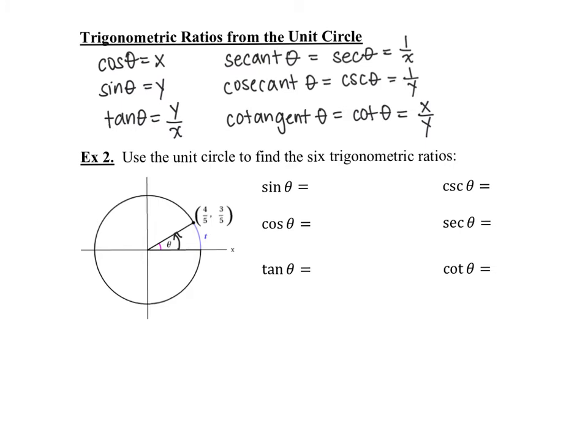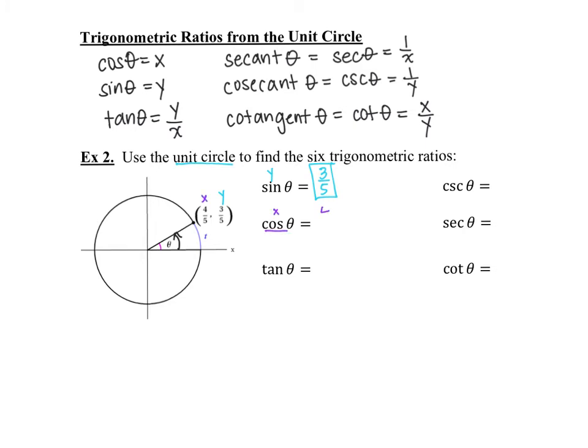Okay, so if I want the sine of this value, and because this is on the unit circle, the sine of theta is just going to be the y value. So the y value here is 3/5. And I'm done. Okay, if I want the cosine of theta, since this is a unit circle, it's just the x-coordinate.